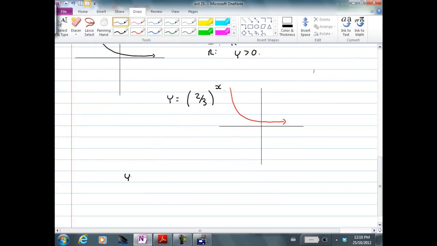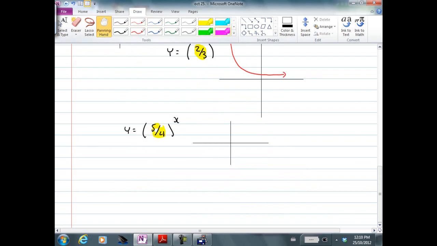If you guys think you're so good, what about this one? y equals 5 over 4 to the power x. So what's the pattern then? The pattern is this. We look at the base. See, this is an increasing function. It is not really the fraction I look for, but whether the base is greater than 1 or less than 1.